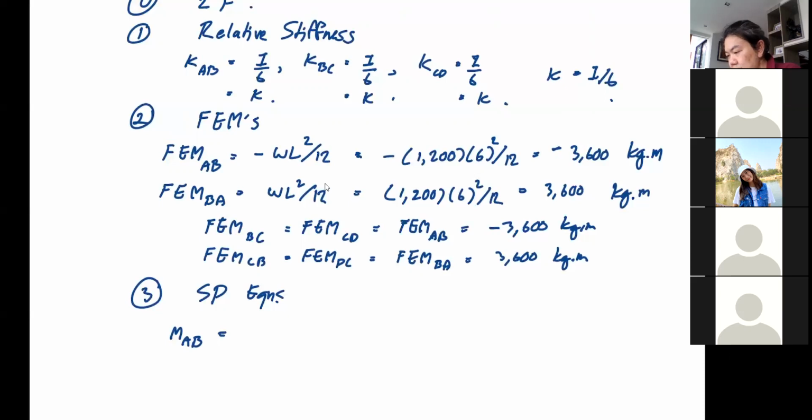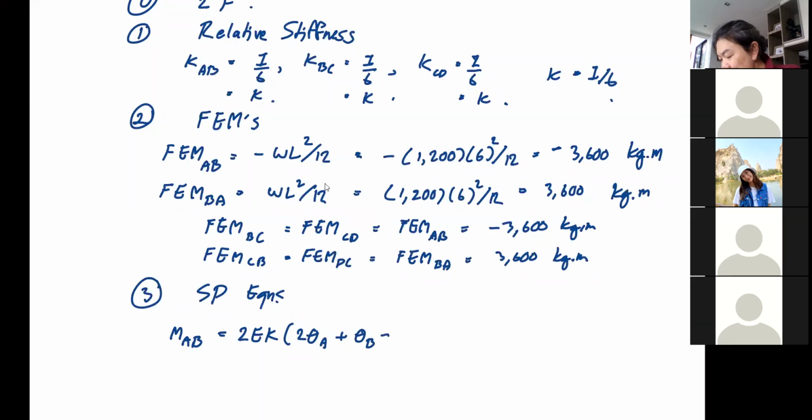Because I over L is I over 6 and they're all equal, and I use relative stiffness, it becomes K. So now I can write my MAB is 2EK, according to the formula, 2 zeta A plus zeta B. To be more universal I call it zeta IJ, but in fact you can call it zeta A, which is much more convenient.